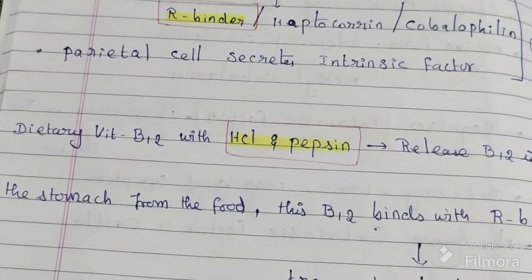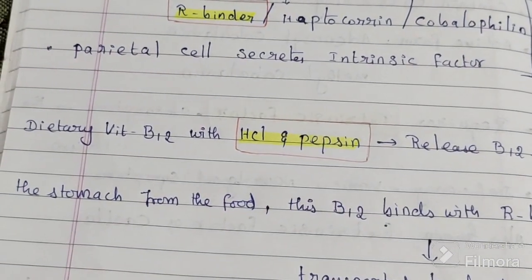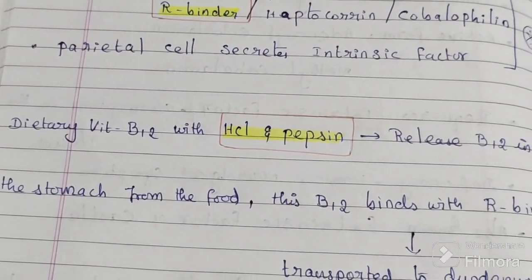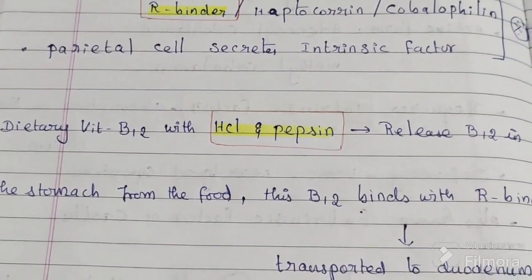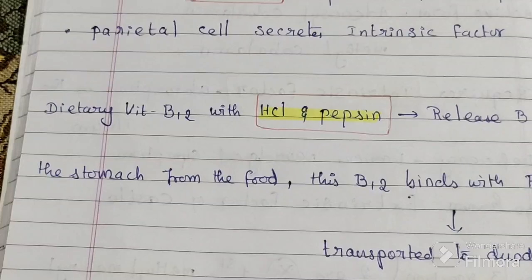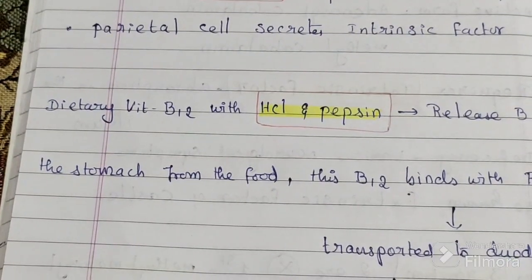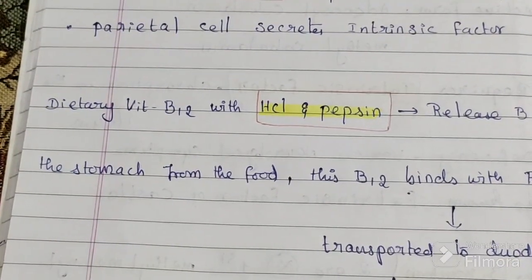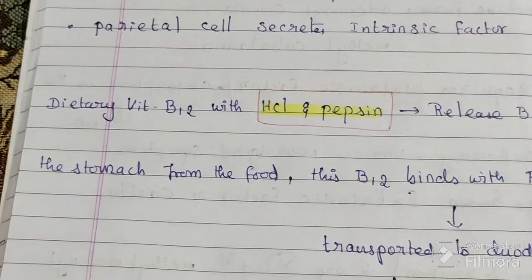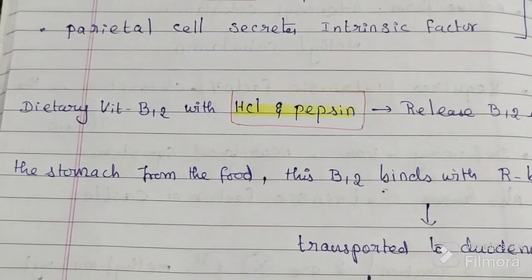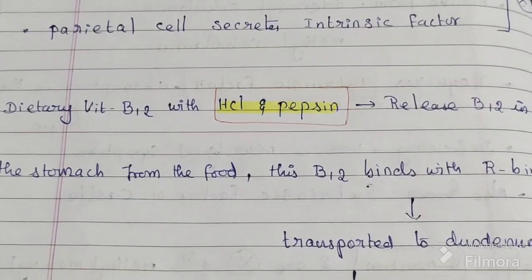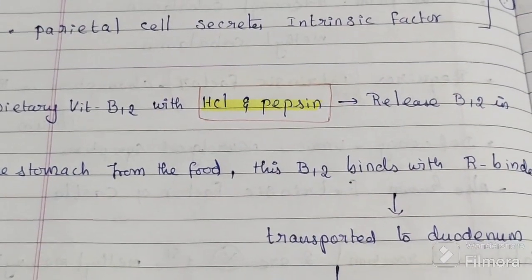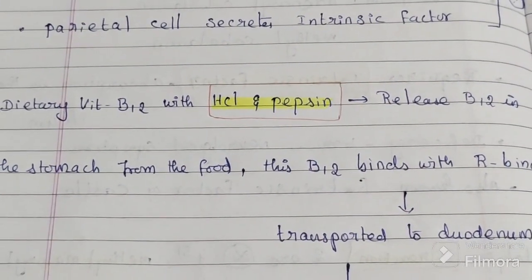When we take dietary vitamin B12, with the action of hydrochloric acid and pepsin, B12 is released from the food in the stomach.